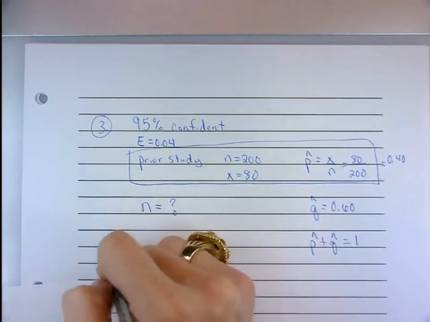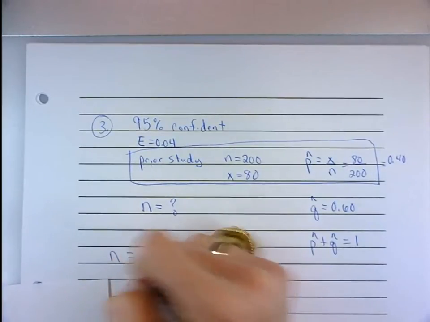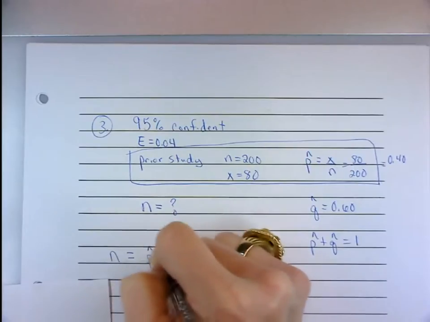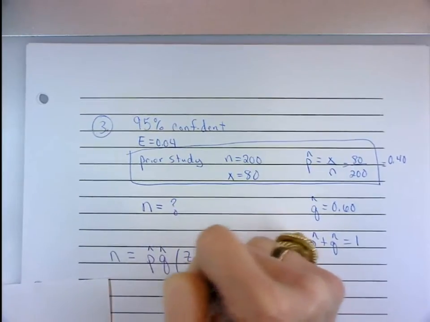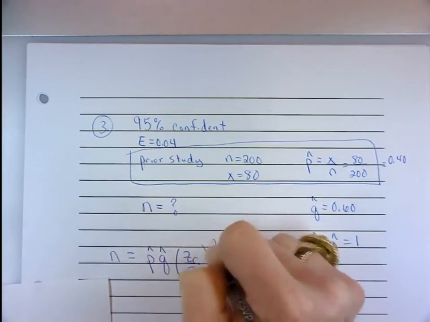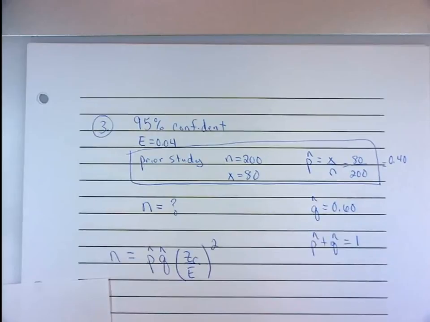Sample size formula: n is equal to p hat times q hat times z over E, quantity squared. And this is the sample size formula for proportion. Remember, this p hat and q hat is from a past or recent or previous study.